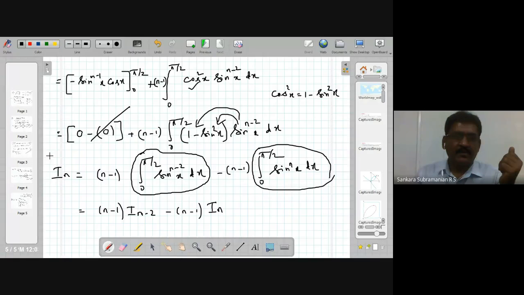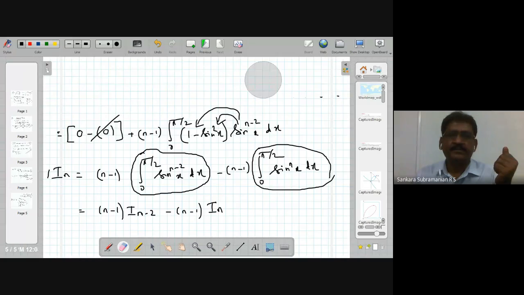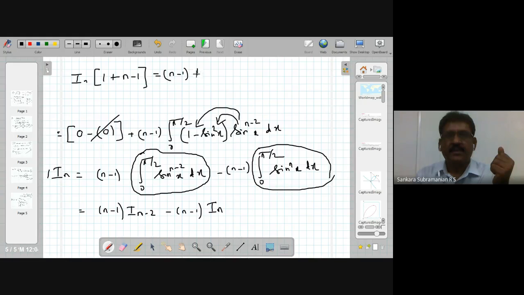So now you have the coefficient of I n is 1 here, and the coefficient of I n here is minus of n minus 1. So we can take it as common, and you can write it as I n, take it as common. You have 1, and this plus n minus 1 comes in the left hand side, equal to n minus 1 times I n minus 2.